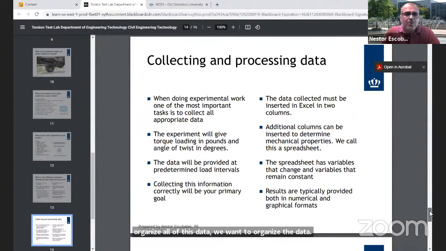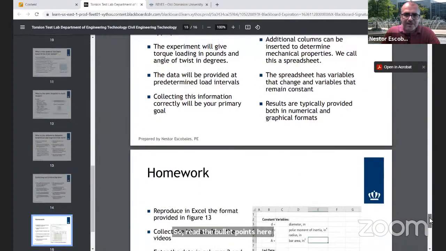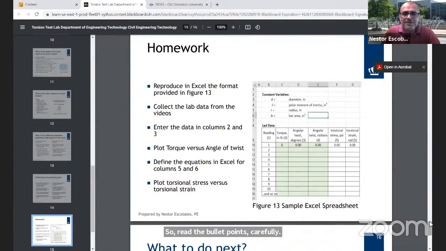Read the bullet points carefully, and this is the homework that I'm going to ask you to do. You're going to reproduce in Excel the format provided in the figure. You're going to collect the data from the videos and enter the data in columns 2 and 3.